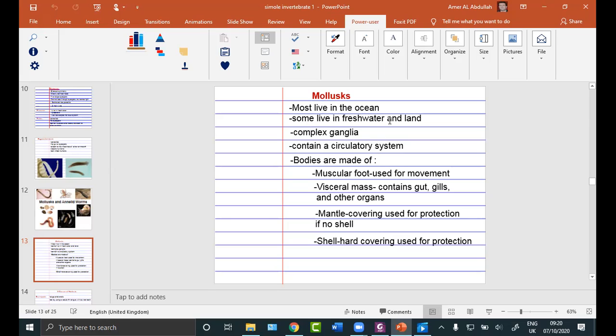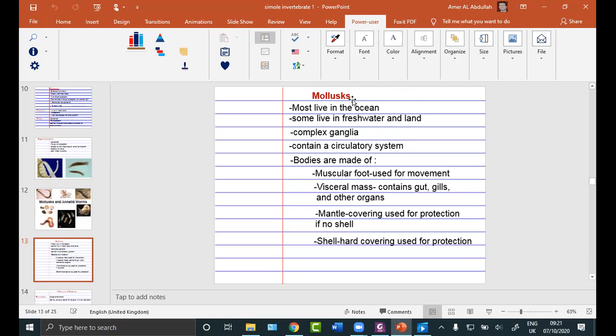Now, the invertebrates include a group of animals that live in different environments: in the ocean, in fresh water, in lake water, beside the river, beside the lake, and so on. Some of them have complex body structures.